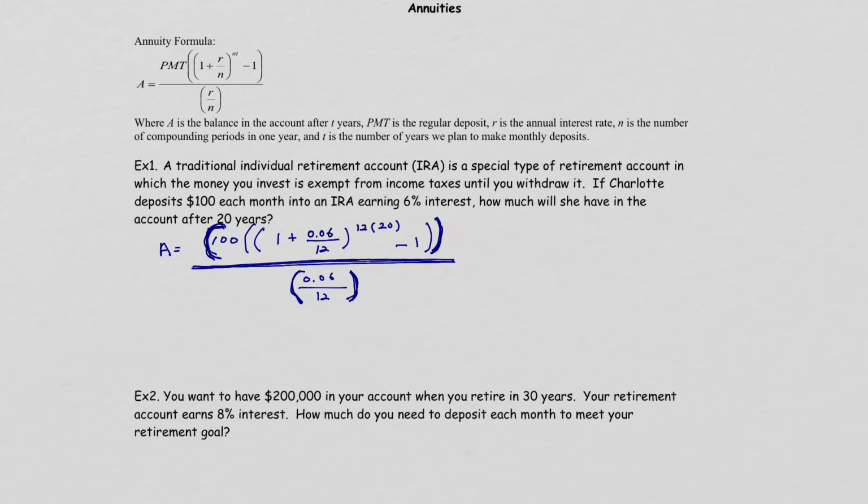Find your numerator value, and then do the denominator, 0.06 divided by 12, and divide the numerator value by that value.